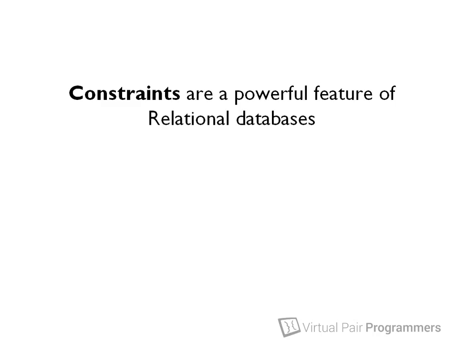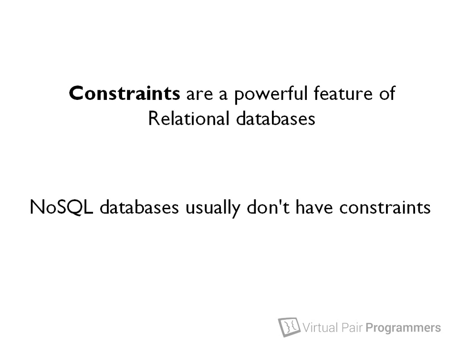So with relational, the database server can take the responsibility for maintaining the data integrity of your system, which is a great feature. But in NoSQL databases, usually those kinds of constraints don't generally exist.